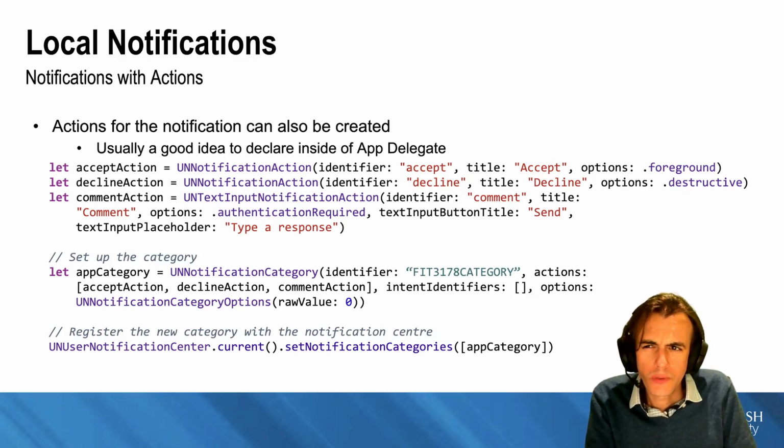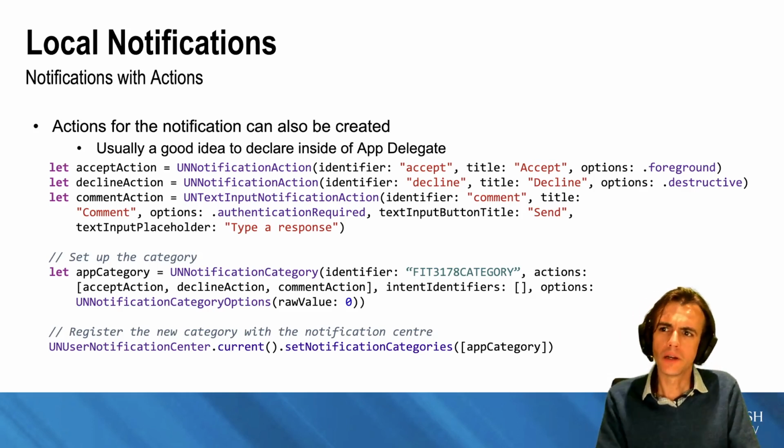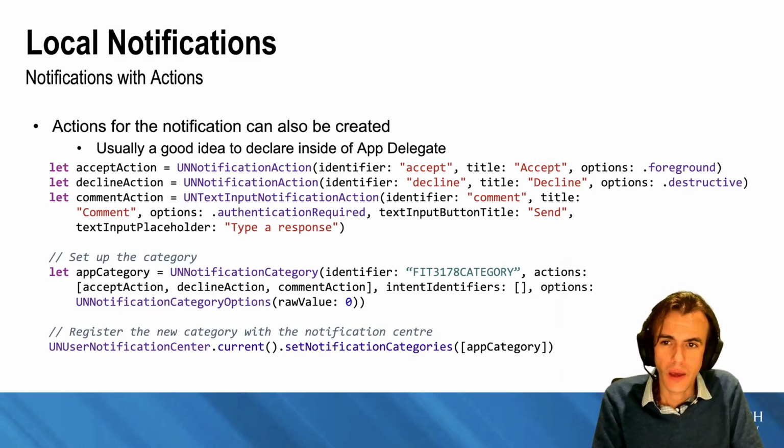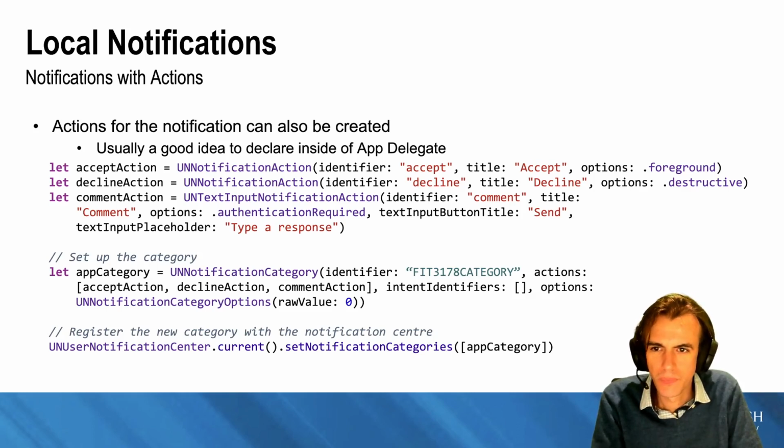So it's also possible to associate actions with notifications. And here's an example of just a quick action where you can either accept or decline a particular notification. So this might be one that, let's say, is adding an event to a calendar and gives you a quick option to either accept or delete it. So how do we do this?